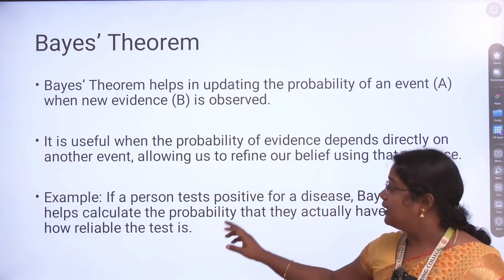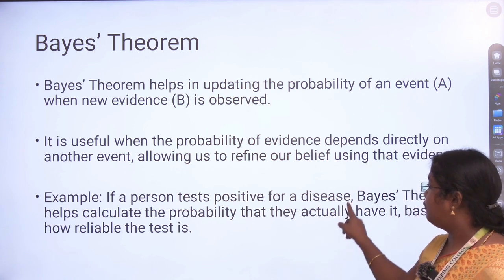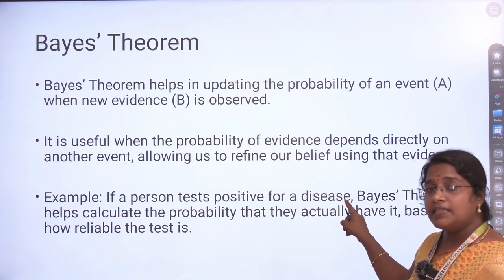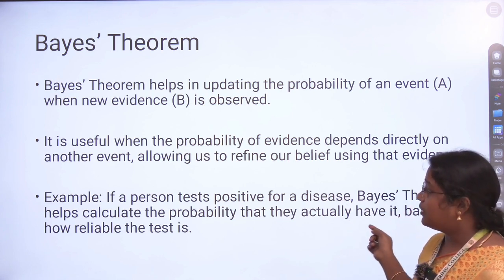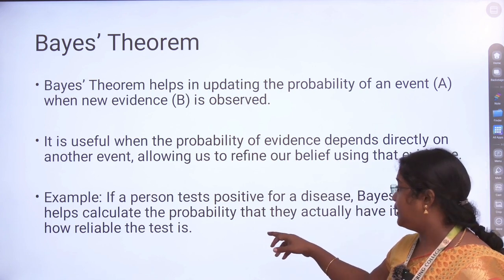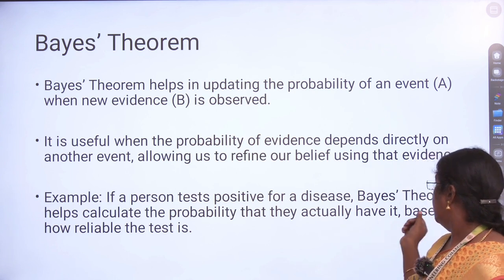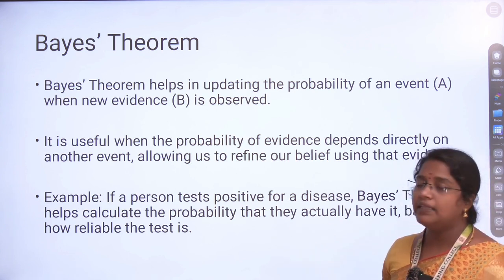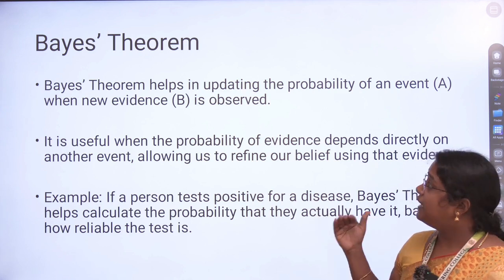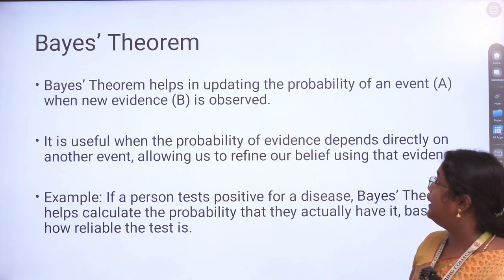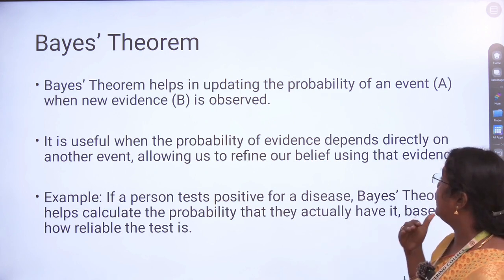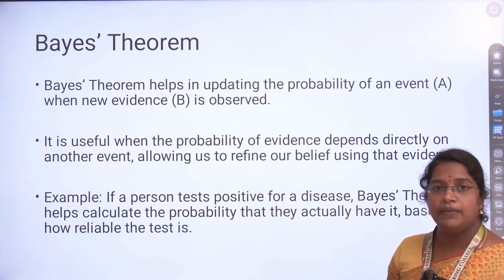For example, if a person tests positive for a disease, after seeing the result, the Bayes theorem helps to calculate the probability that they actually have it, based on how reliable that test is. This is how it helps to update the probability of event A occurring when new evidence B is observed.